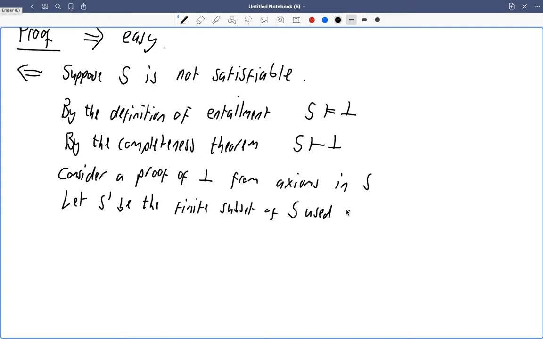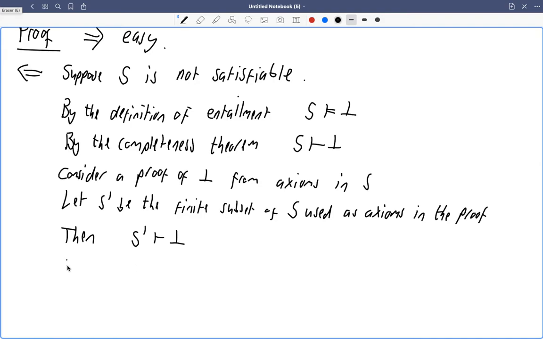So then we have a proof of falsity from axioms in S prime, which is a finite set. So that means that false is provable from S prime, which is a finite set.